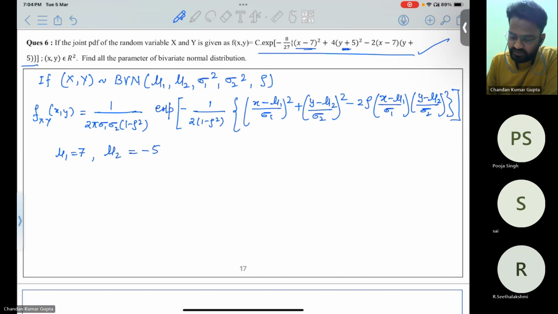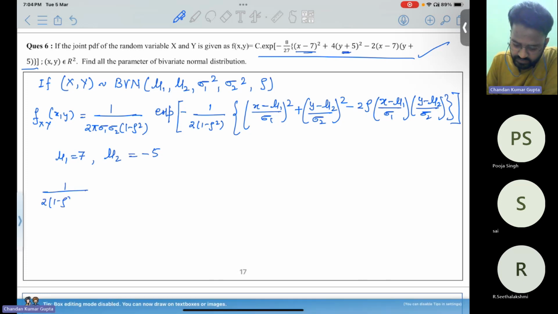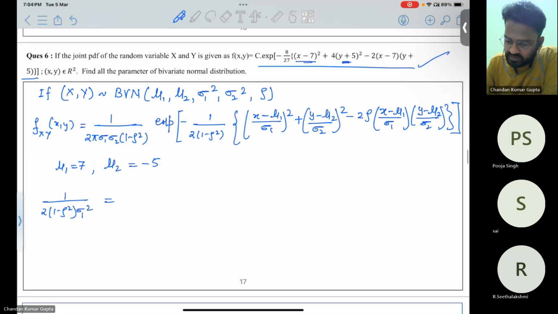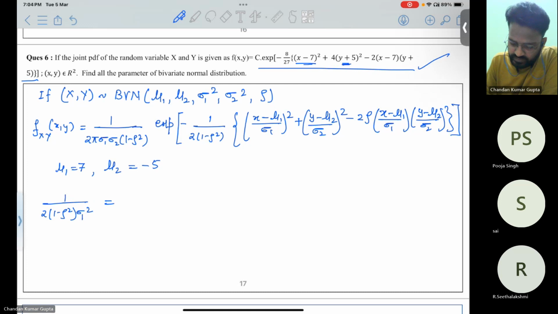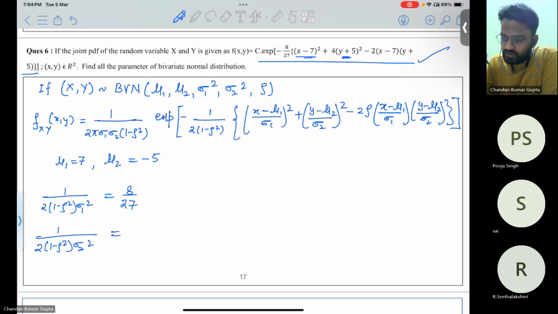After comparing, we get 1 upon 2 (1 minus rho square) sigma 1 square, which comes out to be 8 upon 27. Similarly, 1 upon 2 (1 minus rho square) sigma 2 square comes out to be 8 upon 27 into 4.